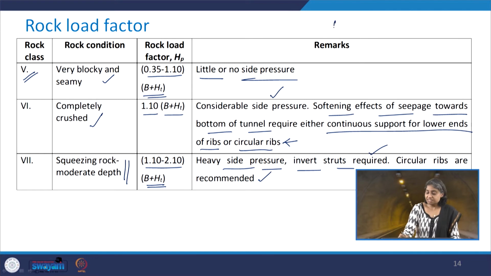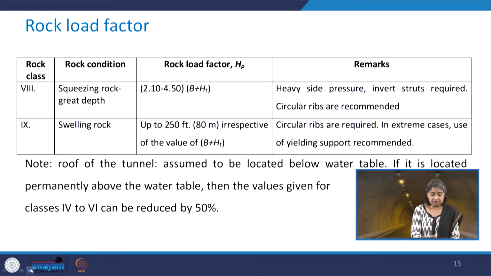So, as far as this remarks column is concerned, simultaneously we are getting the idea of what will be the magnitude of the side pressure and what will be the appropriate type of support system. Then coming to the 8th type of rock class, you have squeezing rock at great depth.